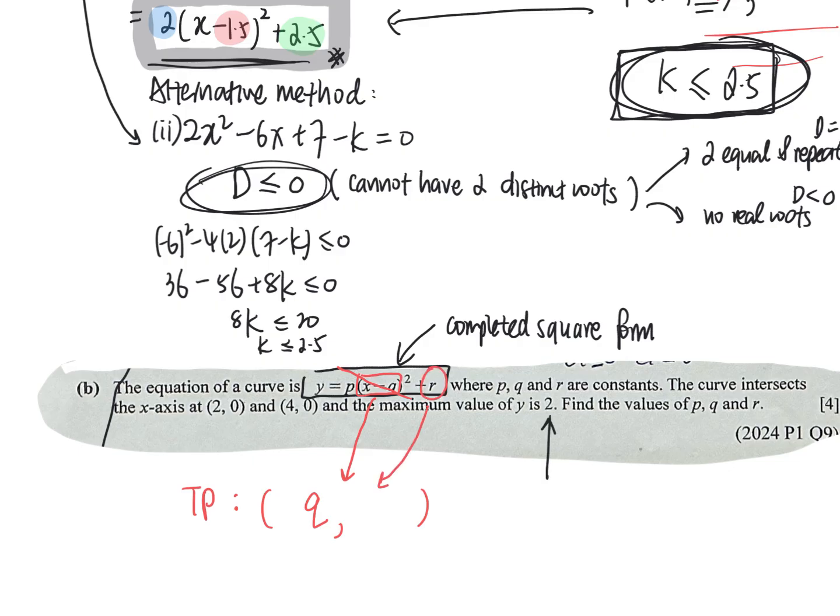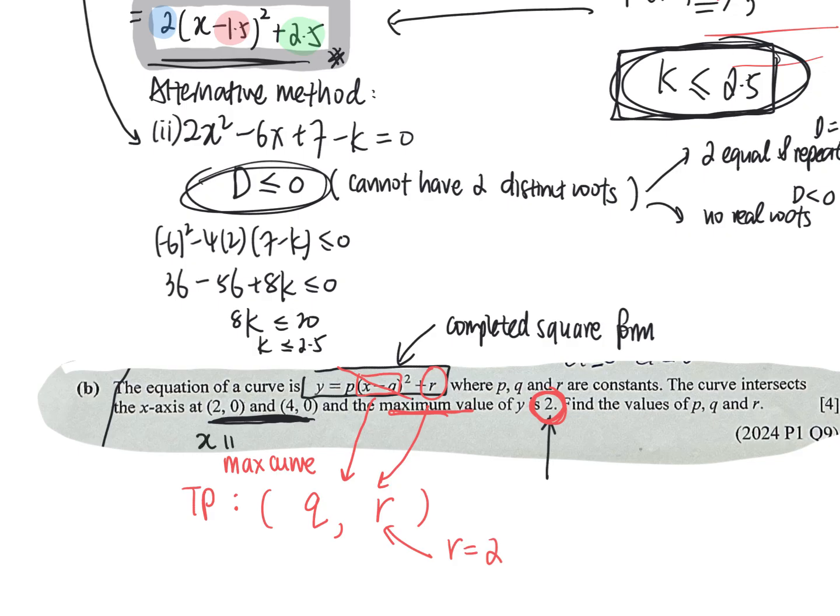So indirectly it's telling you that for this maximum curve, this is your maximum value 2. That's what the question tells you. And then they also tell you that the curve cuts the x-axis at these 2 points.